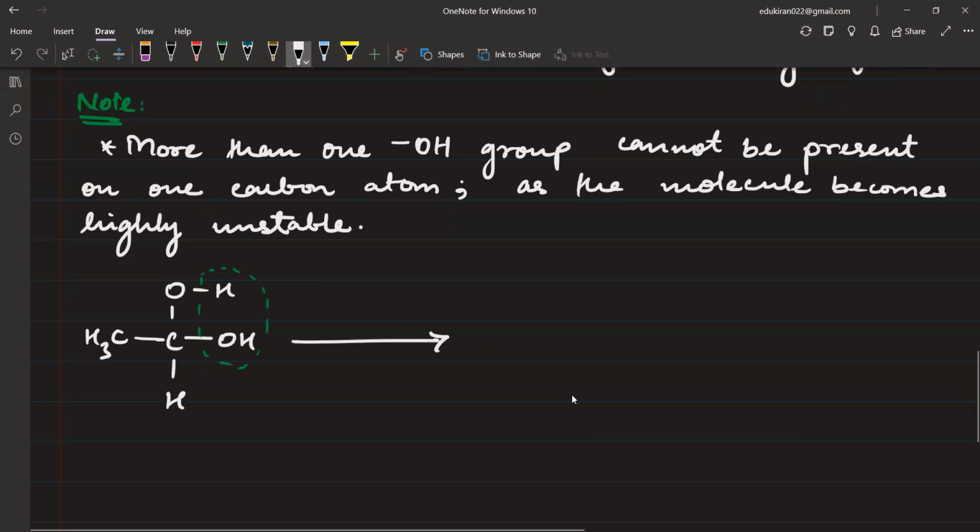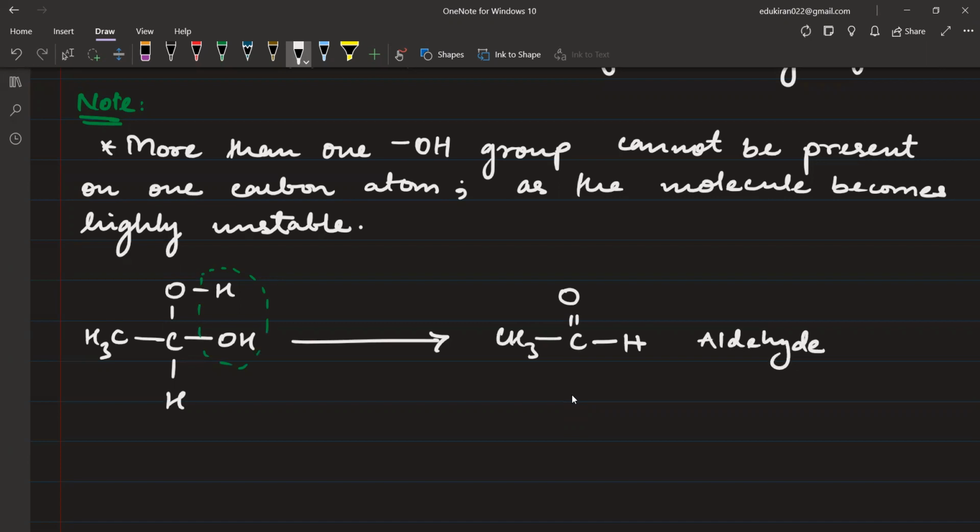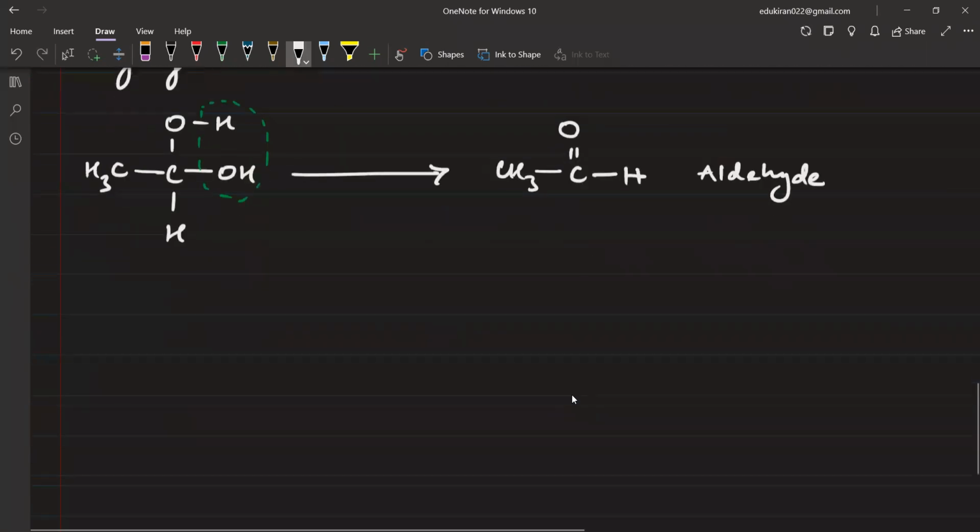This H2O is going to cleave and you are going to get CH3, carbon double bond O, and hydrogen. So we are going to get an aldehyde. Now this does not require any reagent.